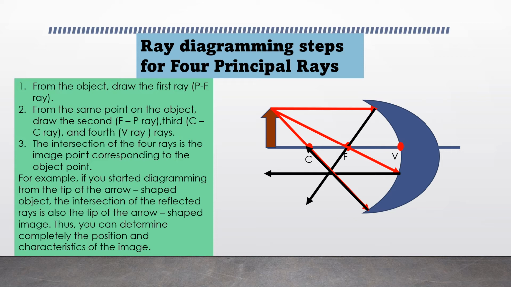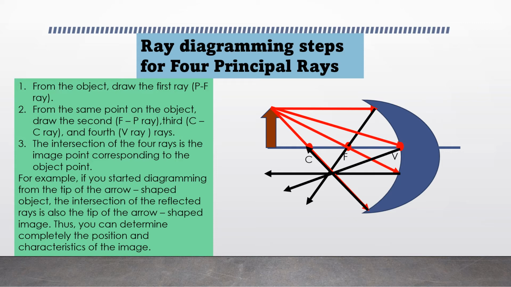Then the V ray. For the V ray, the incident ray should be directed to the vertex, and then it reflects at an equal angle.